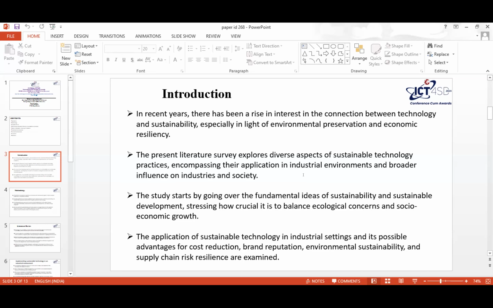This literature also presents a survey that explores the diverse aspects of sustainable technology. The study starts by going over the fundamental ideas of sustainability and sustainable development, stressing how crucial it is, and the application of sustainable technology in industrial settings and its possible advantages.